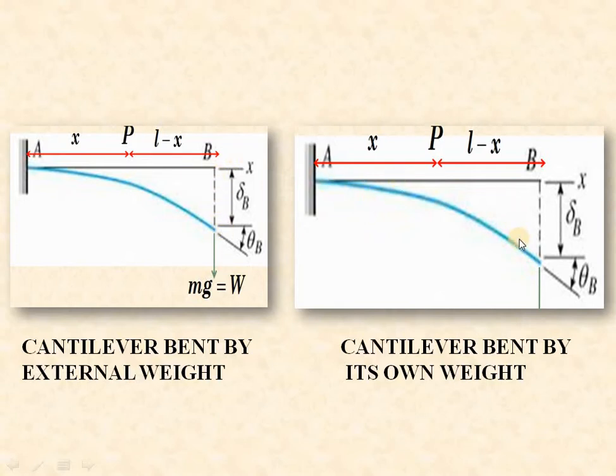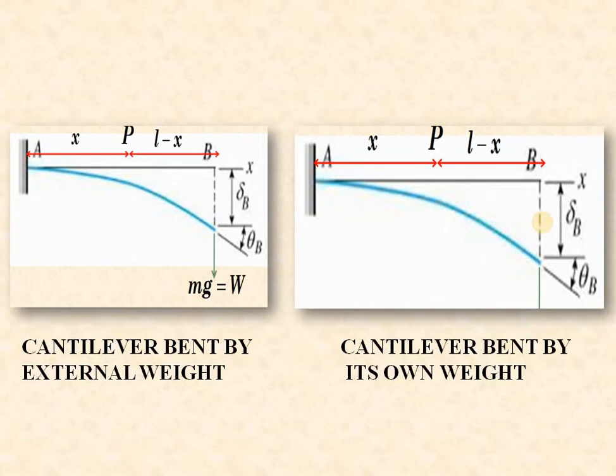In the second case, a cantilever can bend by its own weight, because it is heavy. If you fix one end of the cantilever and just suspend it in free air, there will be a displacement, a vertical shift. The shift again we call depression.